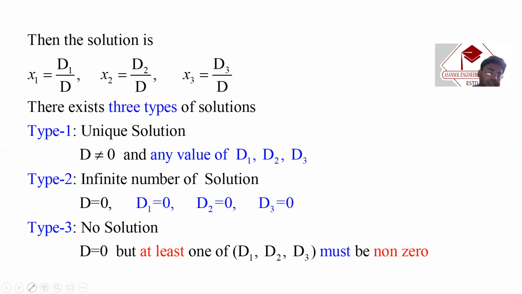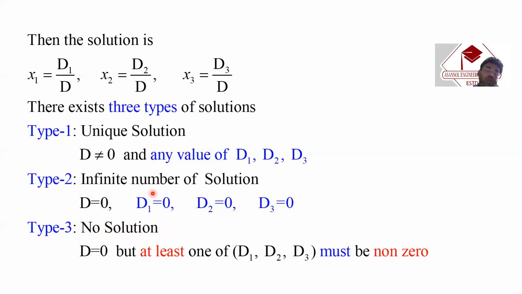Next, number 3, the last type: no solution. For no solution, D must be 0. Please check carefully. But for no solution, at least one of D1, D2, D3 must be non-zero. Try to understand the difference between an infinite number of solutions and no solution.